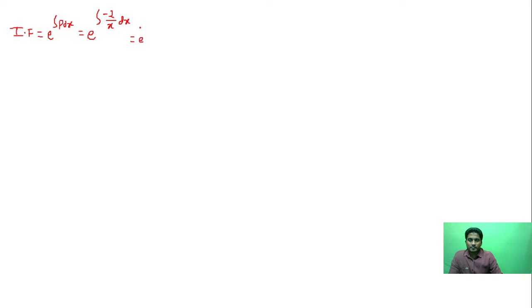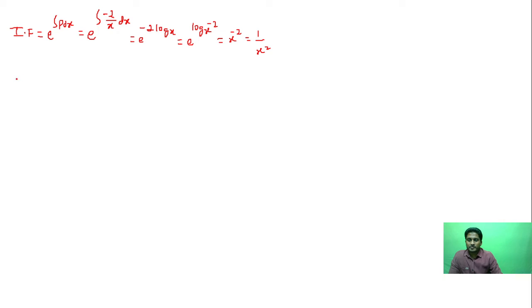This is e to the power of minus 2 log x, since the integration of 1 by x is log x. Minus 2 log x can be written as log x to the power of minus 2. So you get x to the power of minus 2, which is equal to 1 by x square.